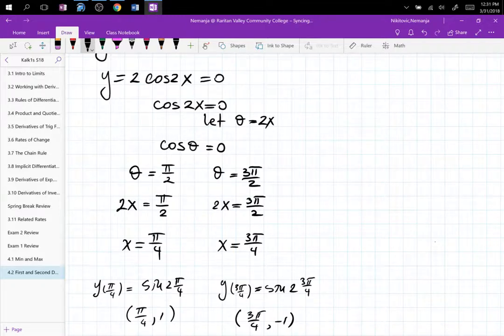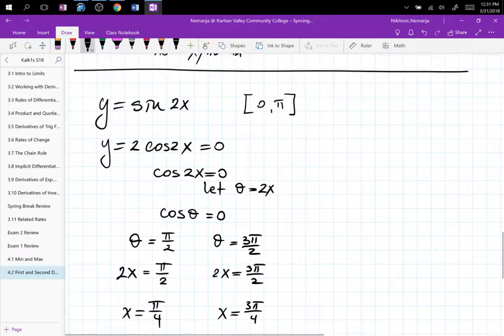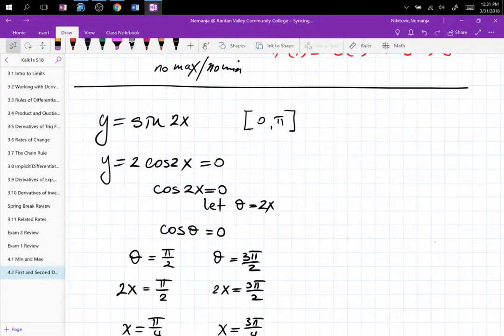We are not going to have any vertical asymptotes because it's a sine function. If it's a tangent function, you have to worry about that. But sine and cosines, they do not have any vertical asymptotes. So let's do the first derivative test.